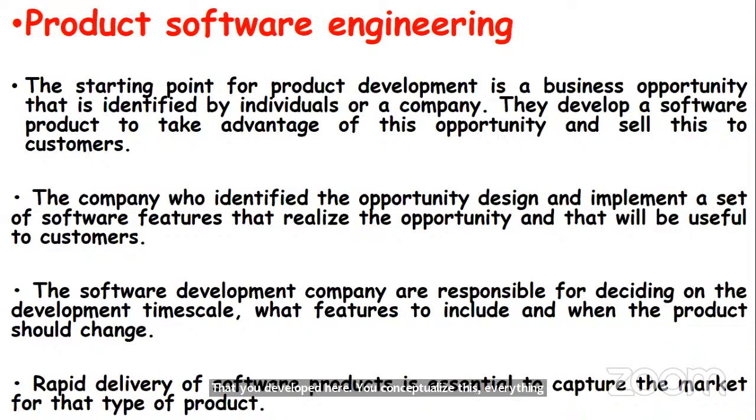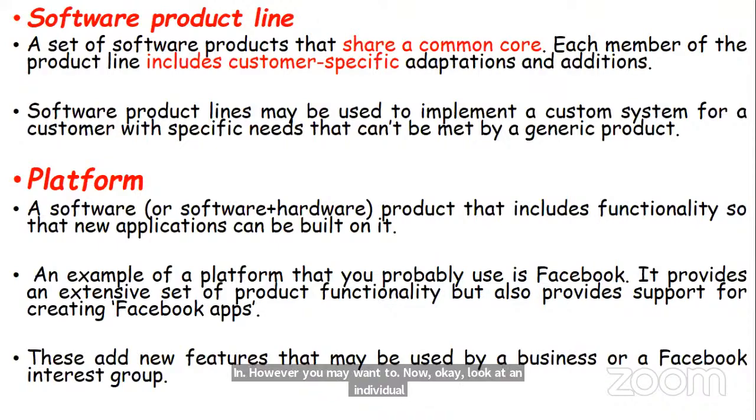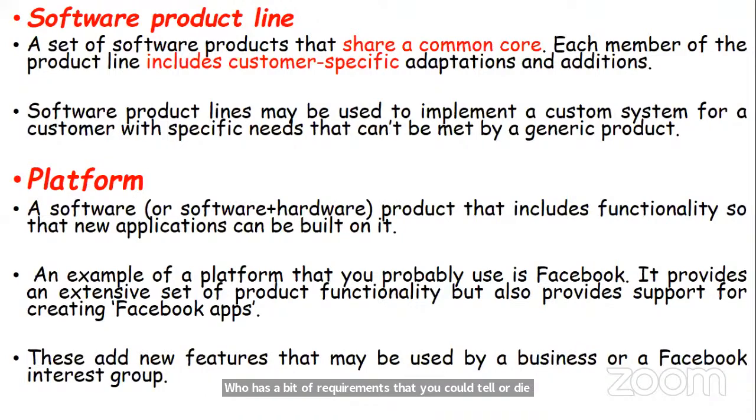Everything is from your end. However, you may now look at an individual who has a bit of requirement, so that you could tailor that generic software with some user features. Just add a bit of user feature, but it will be specific for that individual.